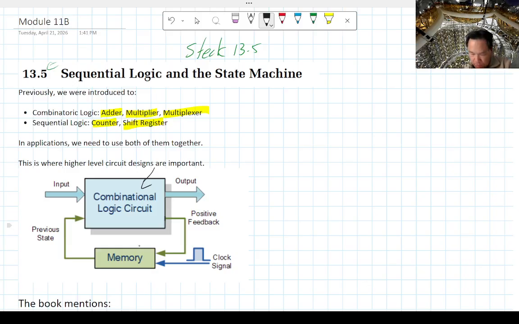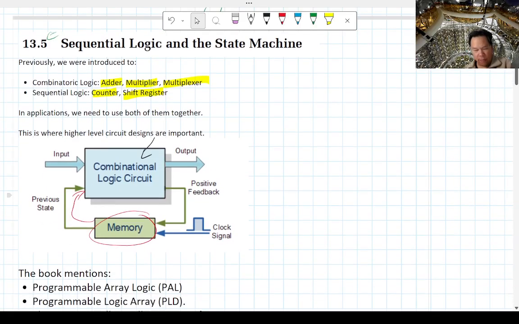The sequential part is the memory where you can remember things, and then you can feed that into the combinatoric logic, and therefore get the results from your previous calculation so you can keep iterating on things, okay? This is kind of a high level, meaning zoomed out. If you're very high in altitude, you see a lot of the land, but you don't see the details, right?